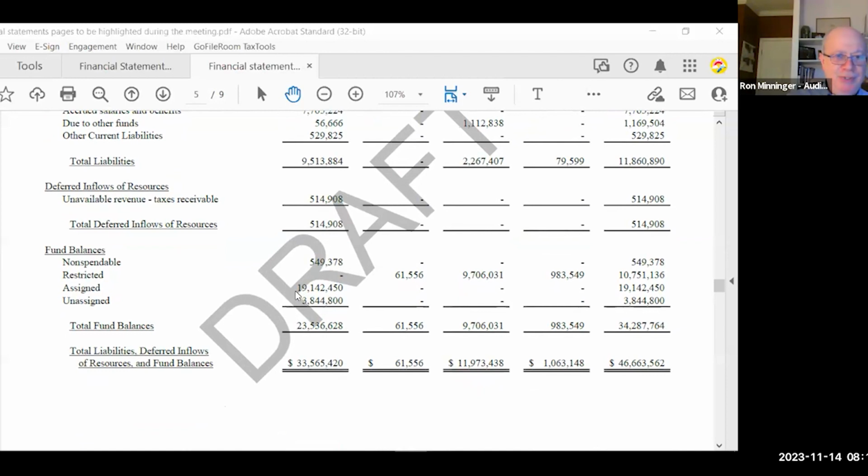Now, this assigned fund balance is carried over from last year, $19 million. After this presentation, I understand that management will determine whether the components of that should be altered for the final version of the financial statements.